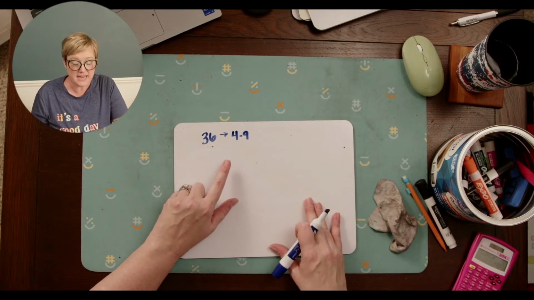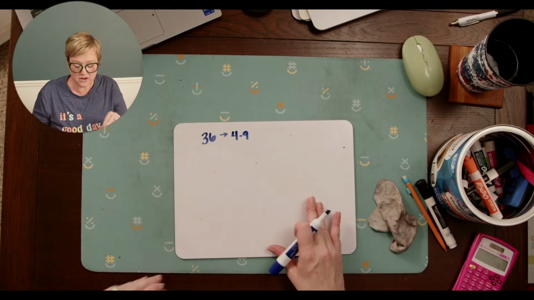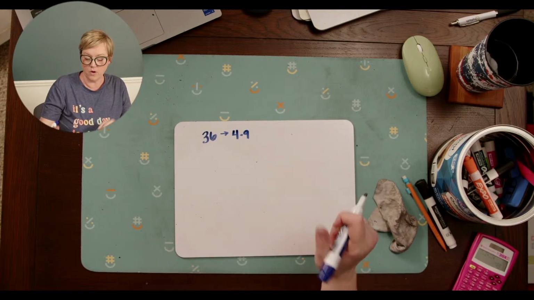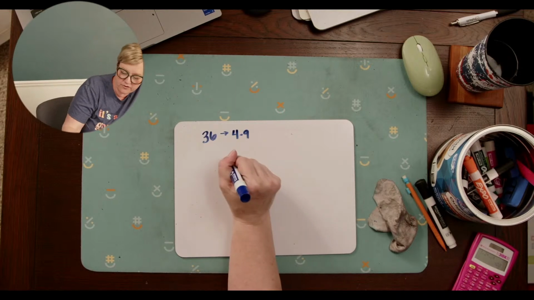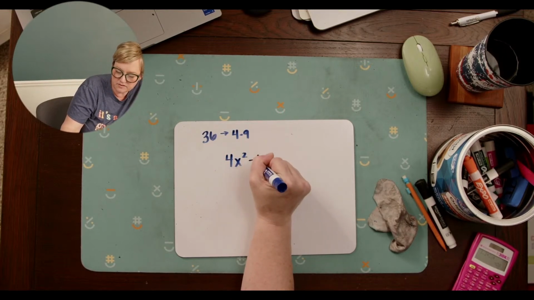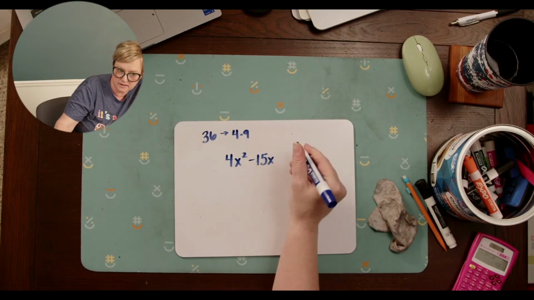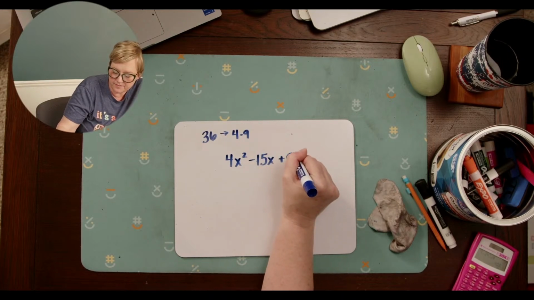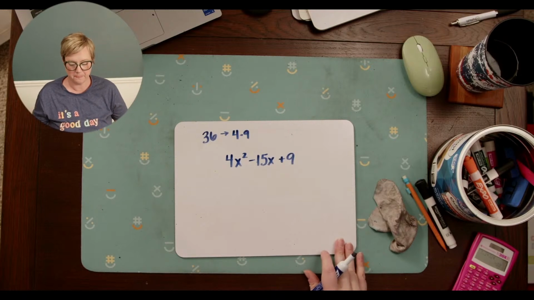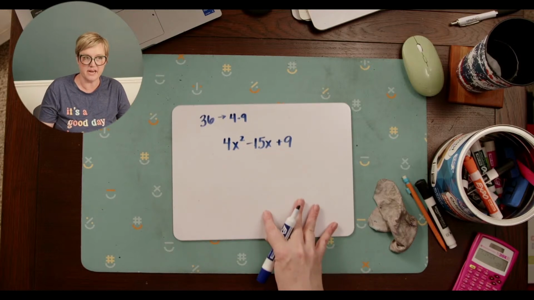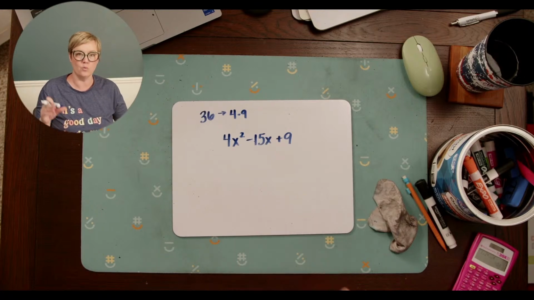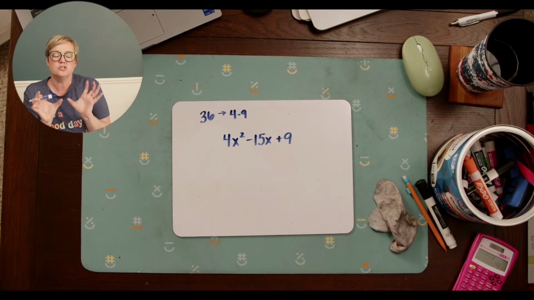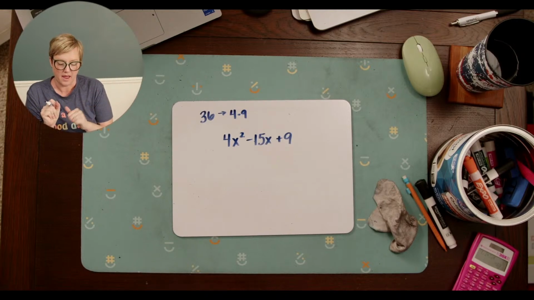A lot of times, when you're factoring a polynomial like 4x squared minus 15x plus 9, what we want to do is rewrite this in a way that we're multiplying two things together.